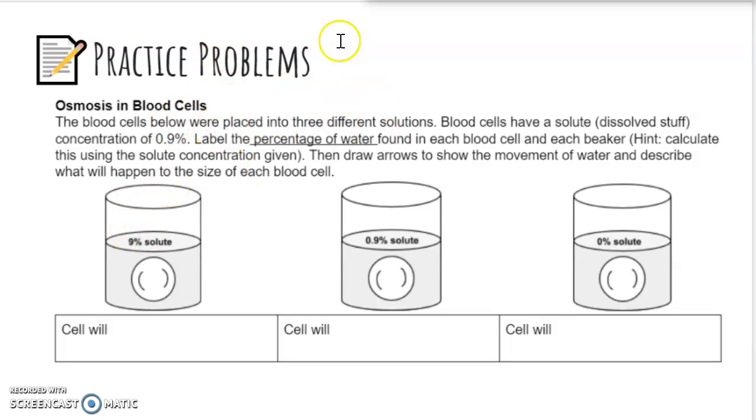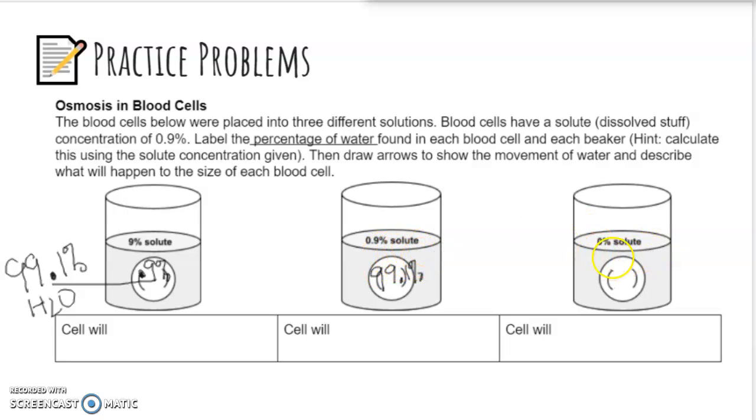Inside the cell, we've got 0.9% dissolved stuff, which means that inside the cell we have 99.1% H2O or water. And that's going to be the same for all of them because that's the normal blood cell.